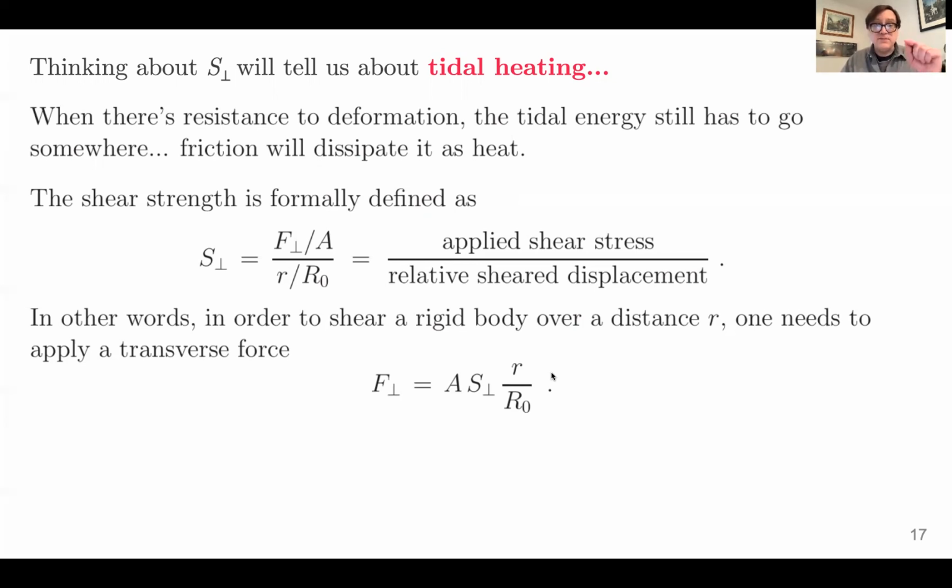And I think you can see that both the numerator and the denominator have to be there for the object to have a constant shear strength, because if you double the amount of force that you're applying to squeeze it and distort it, you would have to double the amount of shear displacement because the shear strength is just a constant.